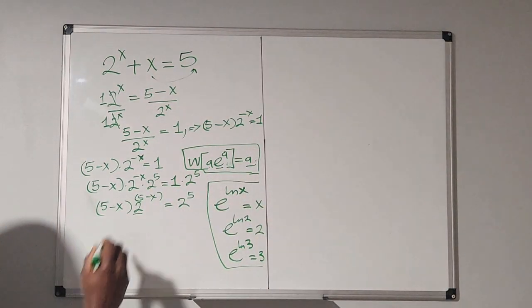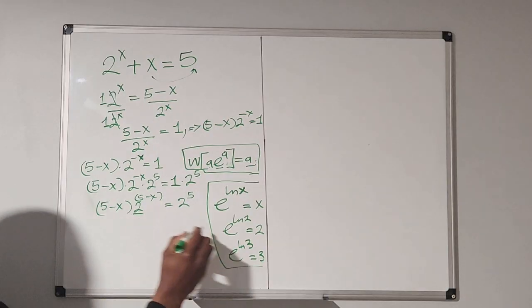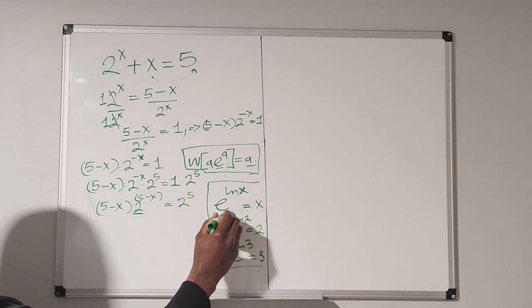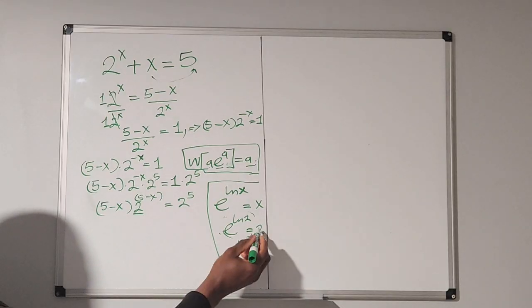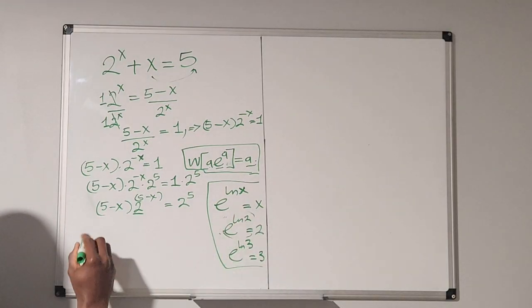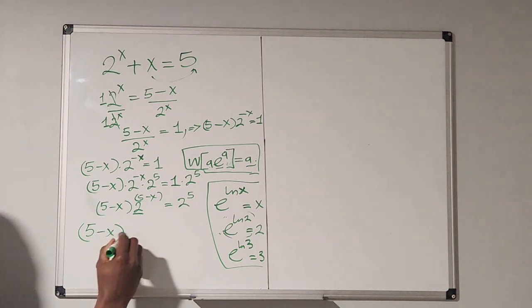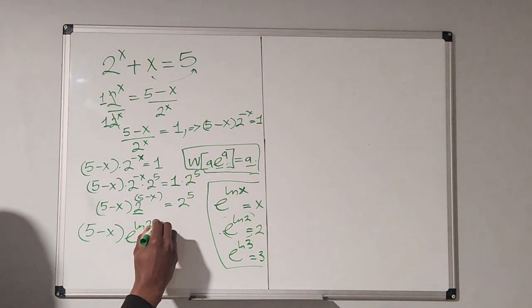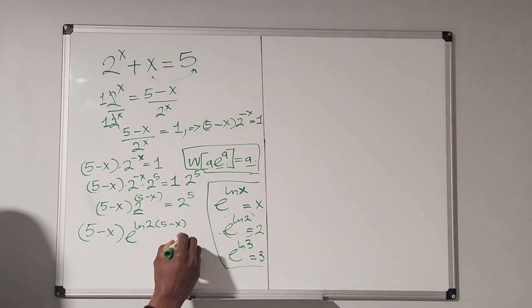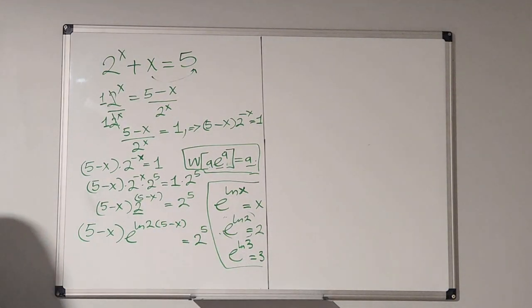So now let's replace this 2 with e raised to power ln of 2, which is equal to 2, because 2 is e raised to power ln of 2. So this becomes 5 minus x, e raised to power ln of 2, 5 minus x equals 2 raised to power 5.